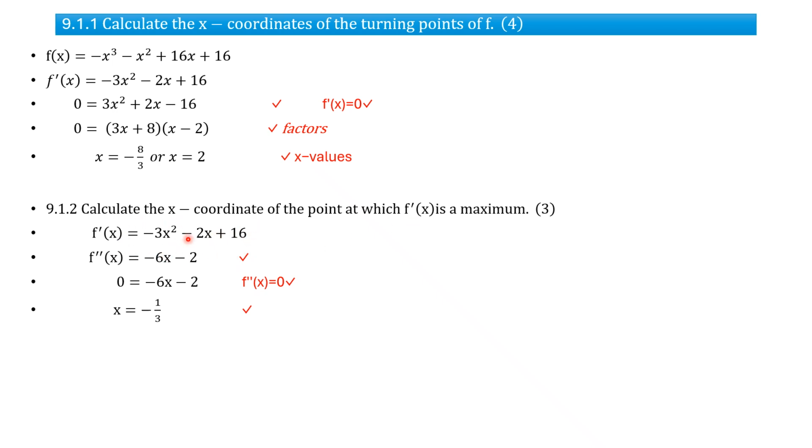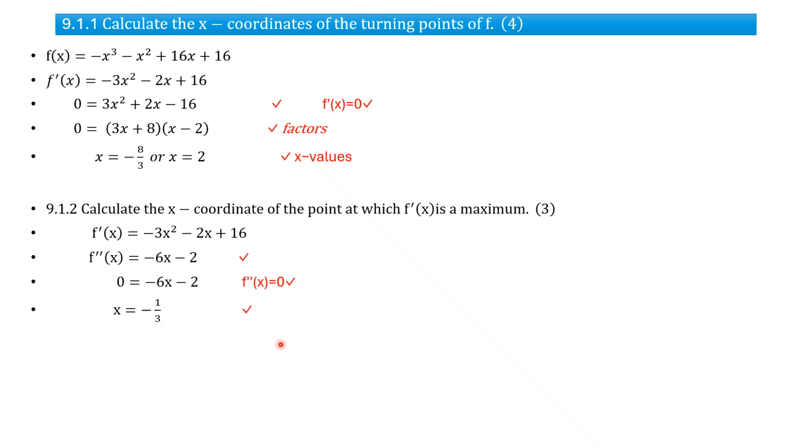So we find the derivative of the first derivative, we're technically finding the second derivative. 2 times minus 3 is minus 6. 2 minus 1 gives me 1. 1 times negative 2 gives me negative 2. 1 minus 1 gives me 0. So minus 6x minus 2 equals 0. Remember, we must equate it to 0. If I take 6 over, it has to become positive 6. So I would have negative 2 divided by positive 6, which simplifies to negative 1 over 3. So there is my 3 marks.